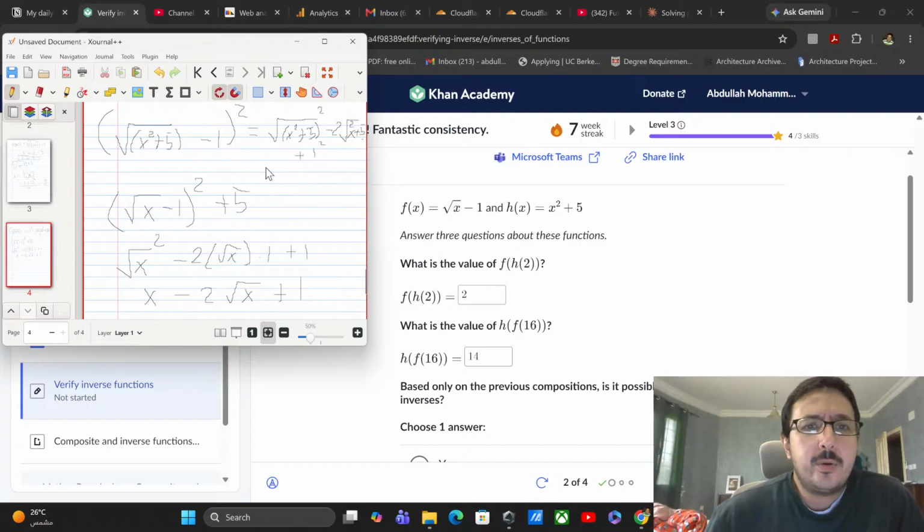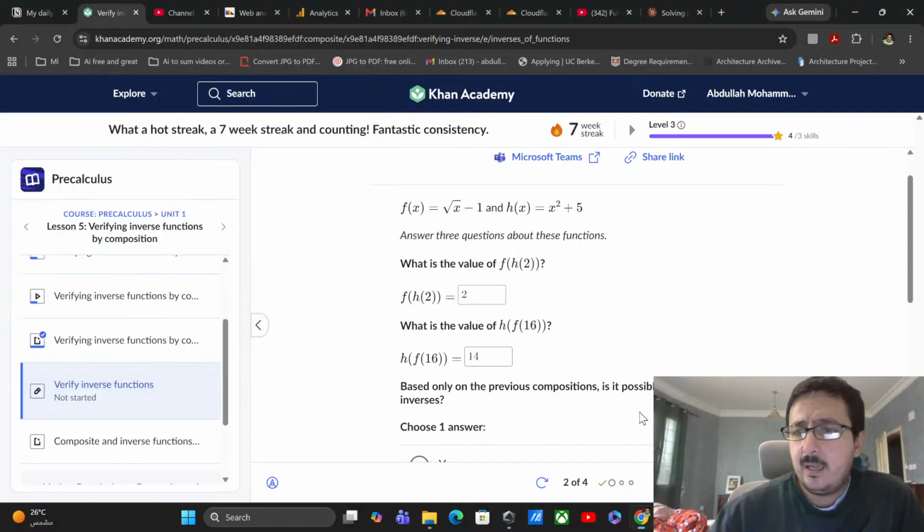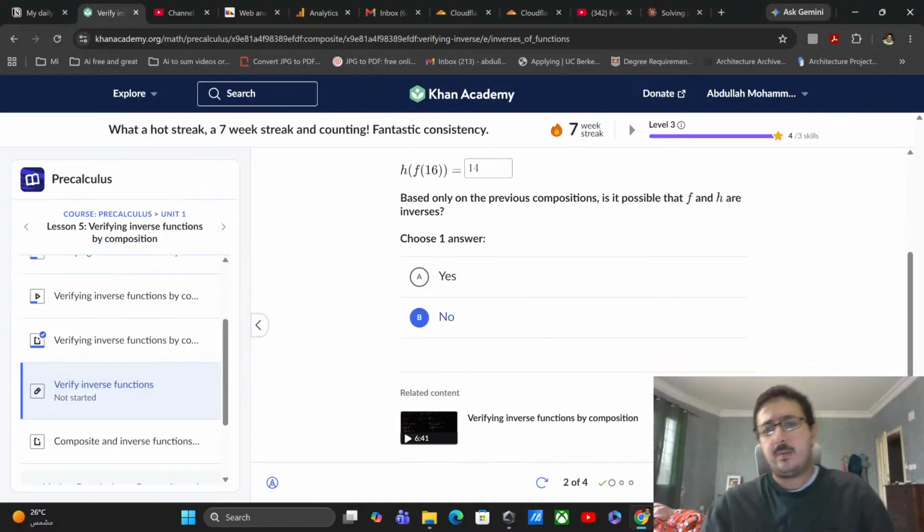Okay, so what are we having? We have x squared plus 5 minus 2, x squared plus 5, plus 1. Is it the same as this? I don't think so, no. So it's not an inverse.